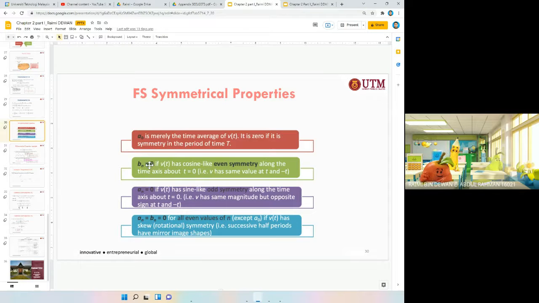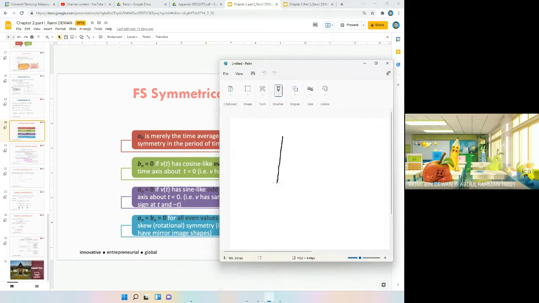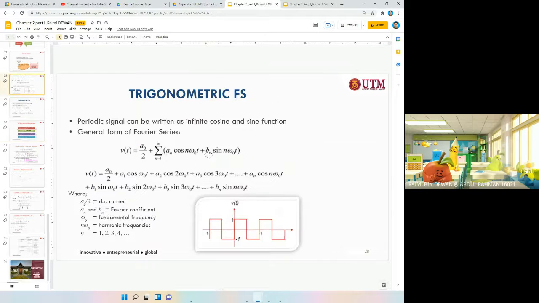Cosine-like symmetry means it is symmetric like even symmetry. If this is the case, your bn will be 0.